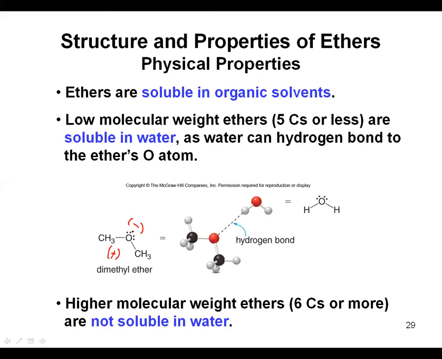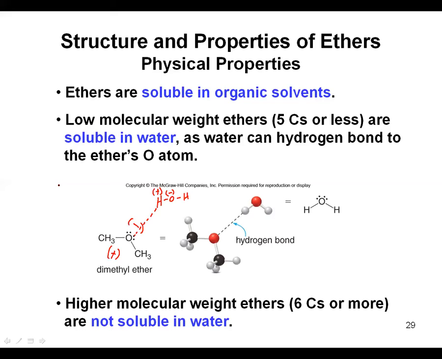So when something like water, which is polar, comes along, which is also negative and positive, although the ether cannot hydrogen bond with itself, it does have the ability to interact with water and actually make a hydrogen bond between the ether and the water. And that's what's going to allow these ethers that have a lower number of carbons to be soluble in water, because it has a way to interact well with it.